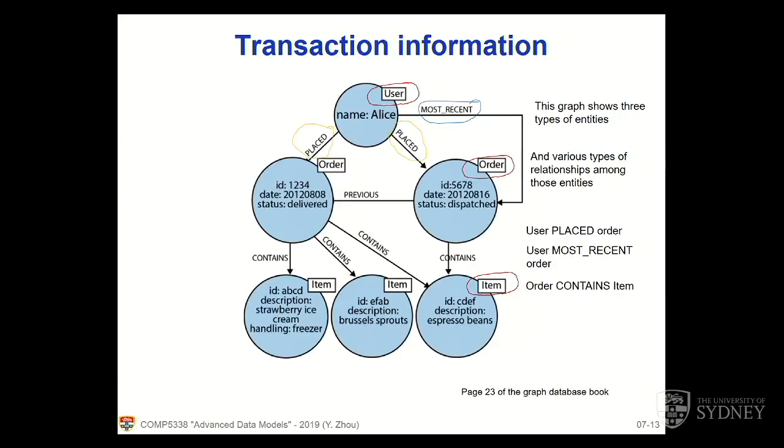And an order can contain items. Each order usually consists of quite a few items, and an item has an item ID, a description, and probably a few other attributes. So it's a type of entity.